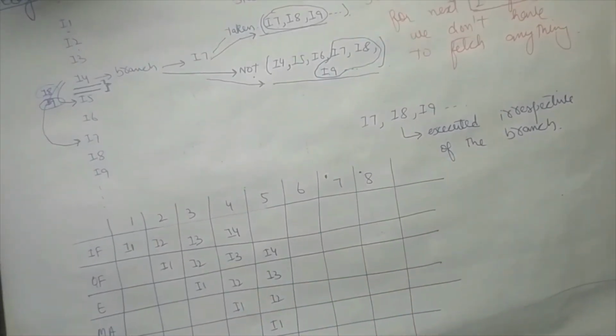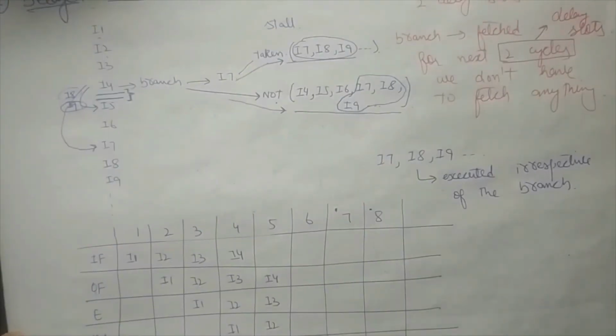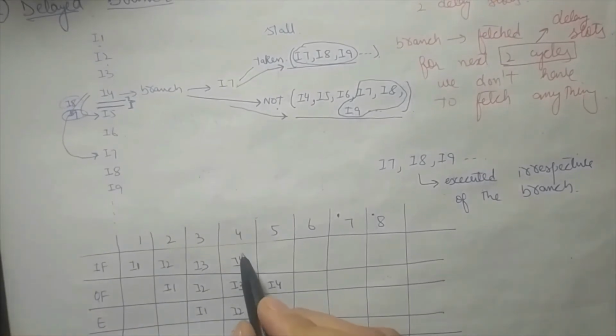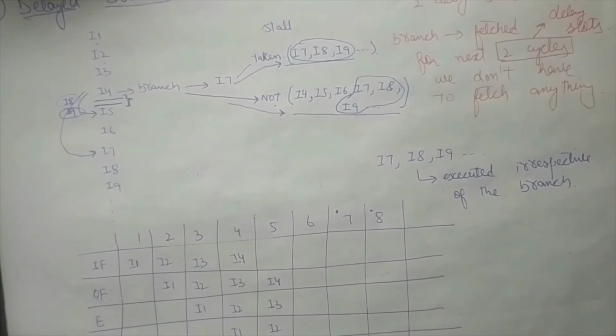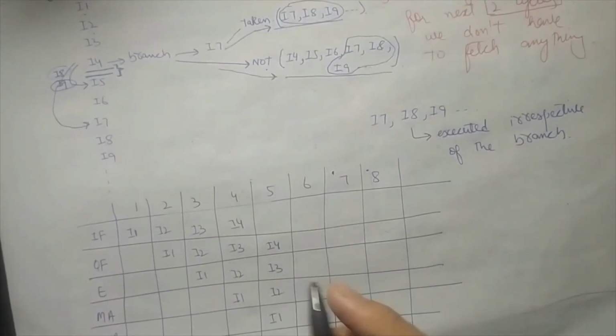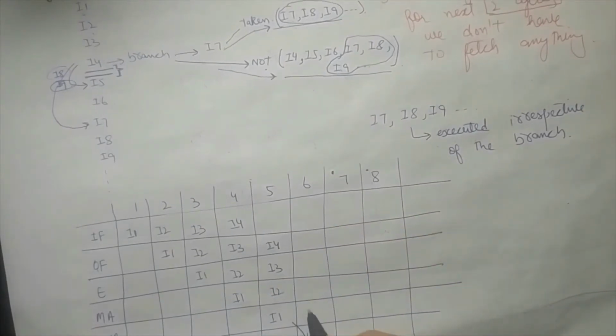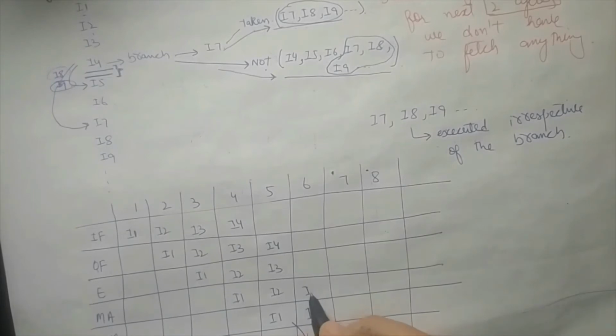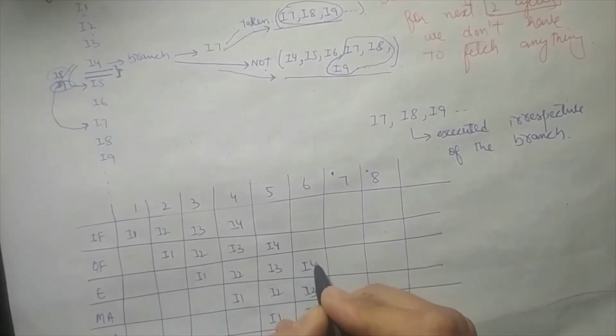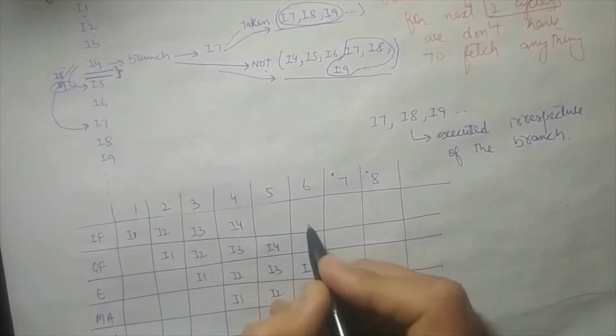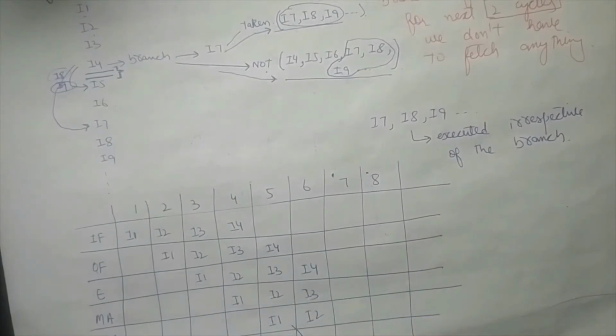In the previous scenario, when we were stalling the pipeline, whenever a branch is there, we wouldn't fetch anything for 2 cycles. So in the 6th cycle, I1 will complete, I2, I3, I4 will move ahead, and in these 2 cycles we were not fetching anything.